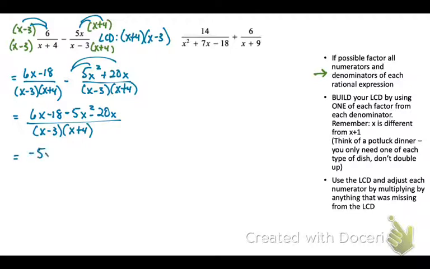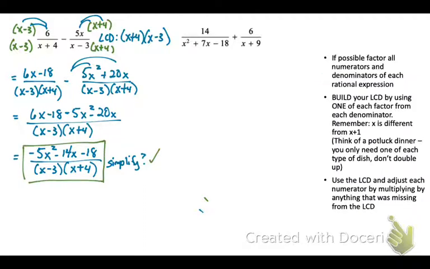Numerator we have to combine and simplify. I get negative 5x squared minus 14x minus 18. I'm going to check and see, can my numerator factor to try to simplify? And it does not. So that is our final answer.